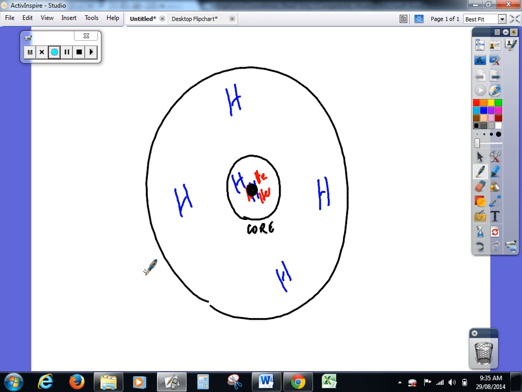This core grows and grows until it gets up to be most of the core. Not entirely all the core. There's still enough hydrogen out here which is starting to fuse, but most of the core is made of helium.